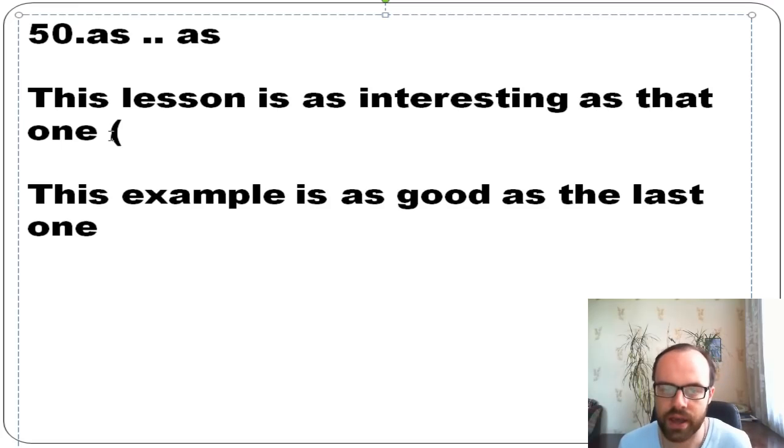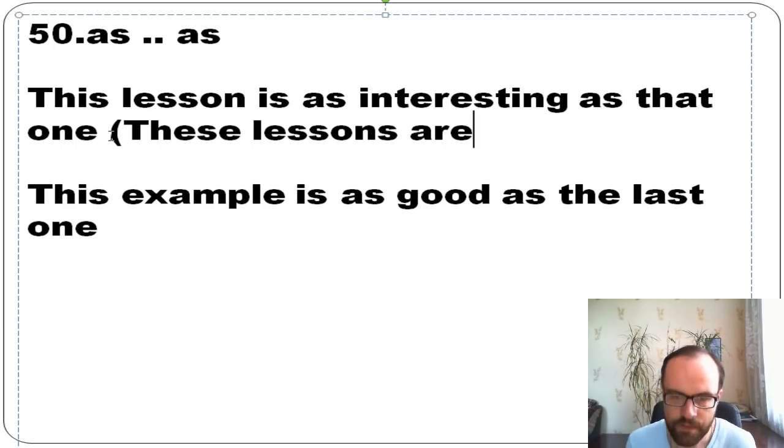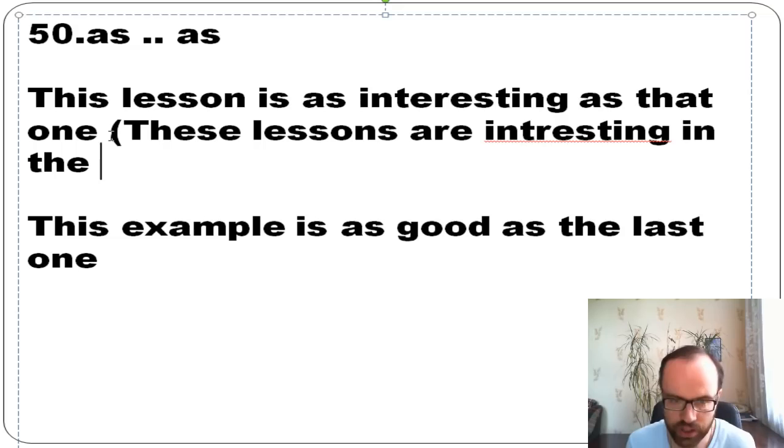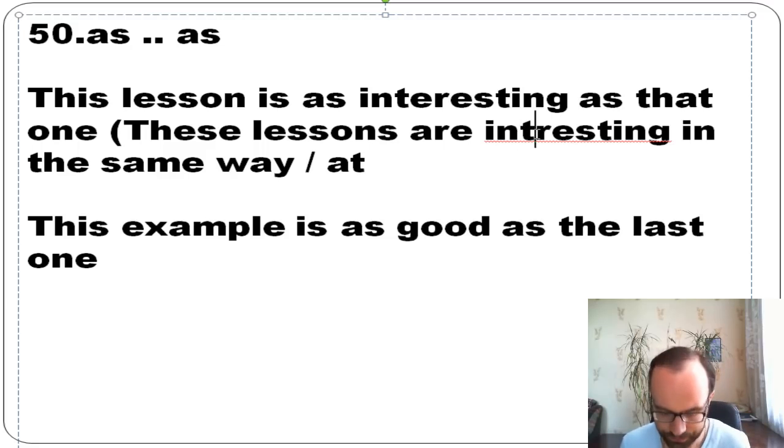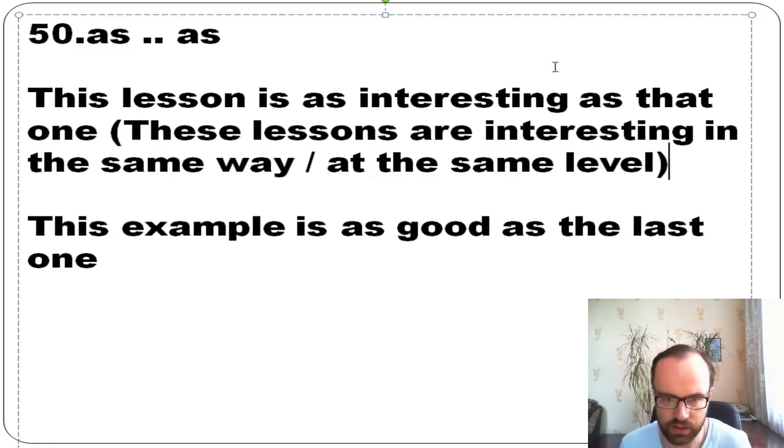It means that both these lessons are very interesting in the same way or at the same level. Look, this example is as good as the last one.